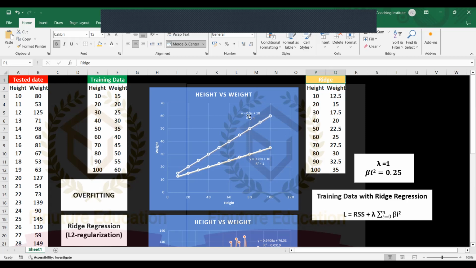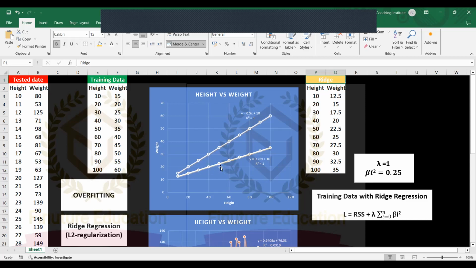Another term is beta i. We had a beta slope term of 0.5, so the square of that is 0.25. If I substitute lambda as 1 and beta square as 0.25, and over here we just have one independent variable, we will have the loss term value as 0.25. If I plot the same in sample data using this penalty term, if you notice, it had a very high slope, the inclination of the line is relatively high.